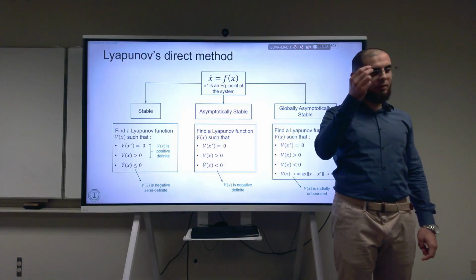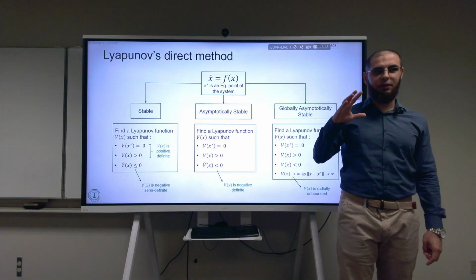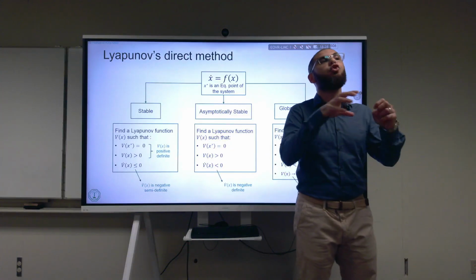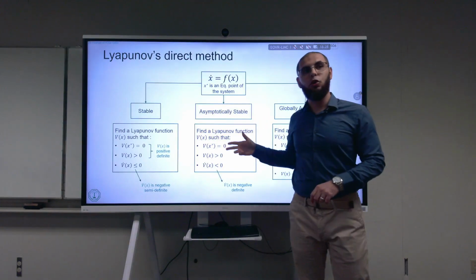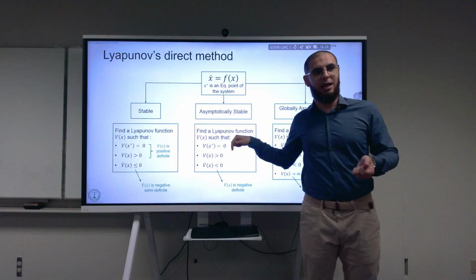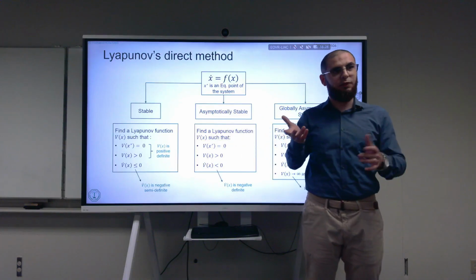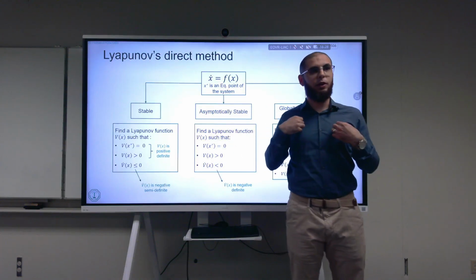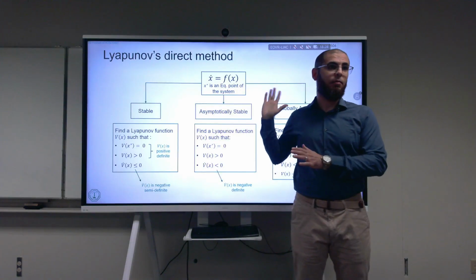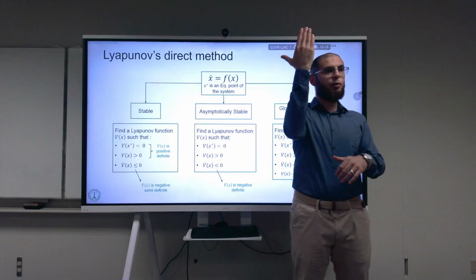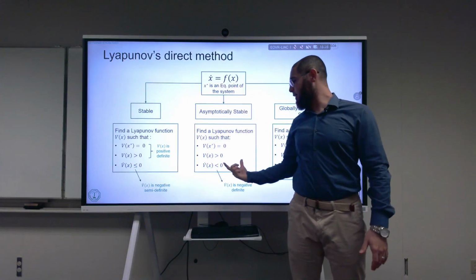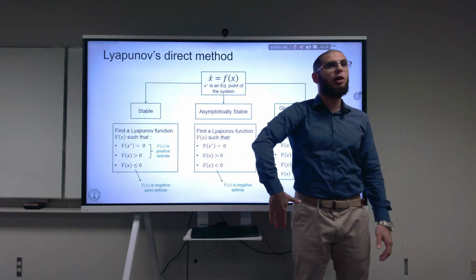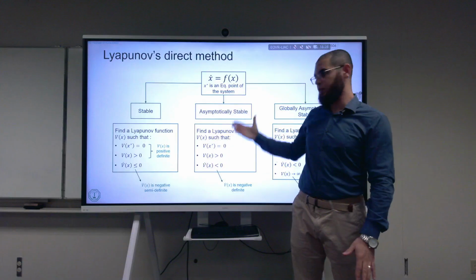So rephrase, think about it in a different way. Don't think about the true nature of the point itself. Think about what you can conclude from the Lyapunov function. So I'll rephrase it in the following sense. I found the Lyapunov function, and let's take the pendulum. Downward position, upward position. I choose the Lyapunov function, evaluate it, and I find that the downward position is locally asymptotically stable according to this criterion.